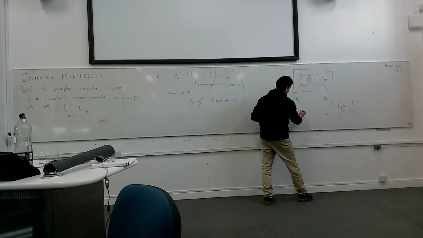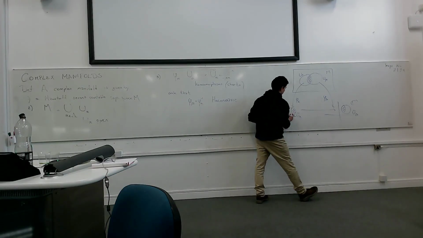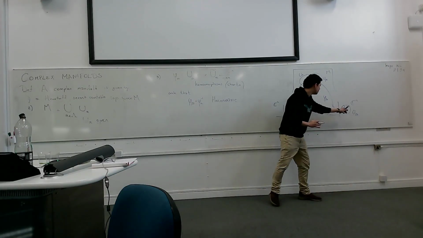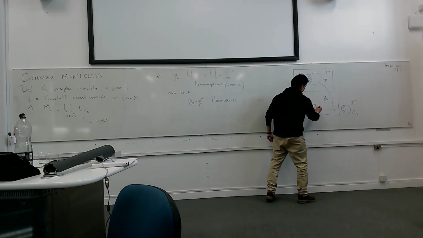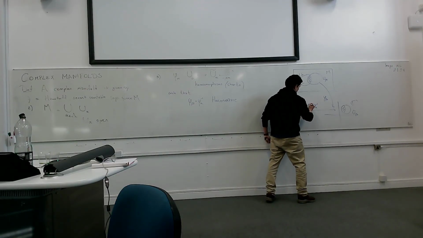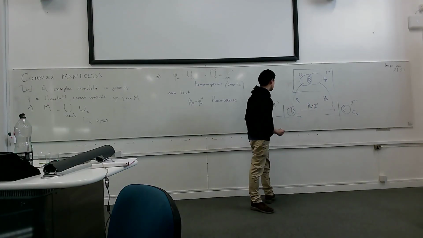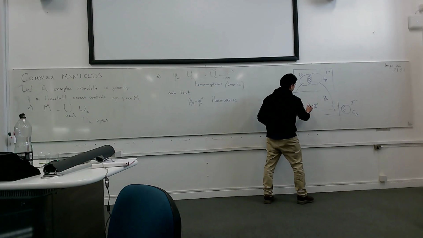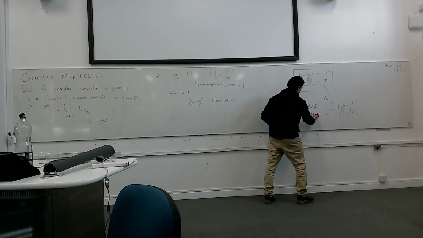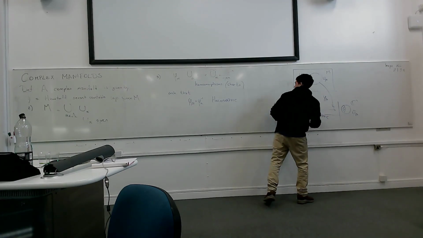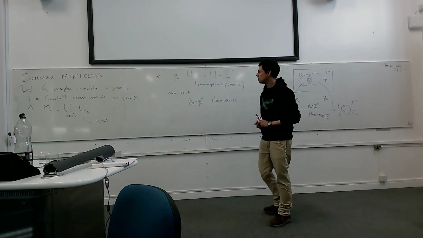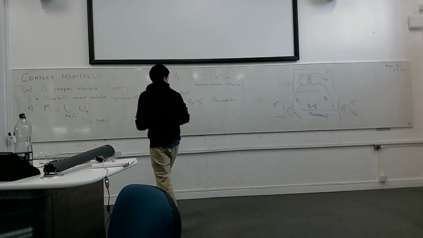The transition function maps an open set in Cn to an open set in Cn. So this is the transition function, and the key thing is that this is holomorphic. I will write it again, holomorphic. Key.